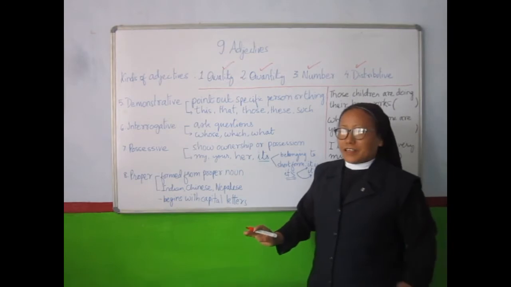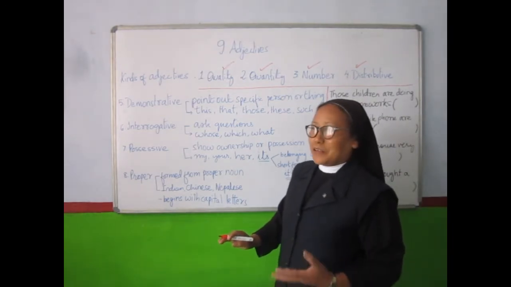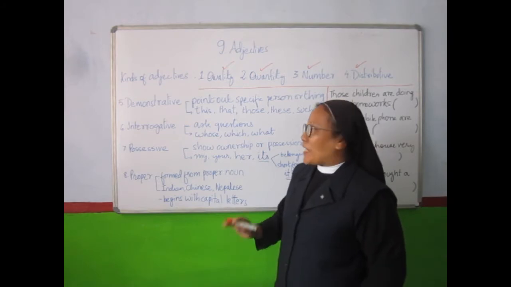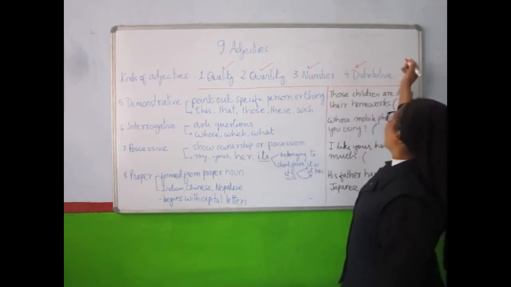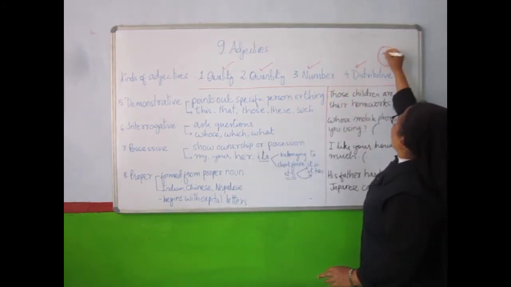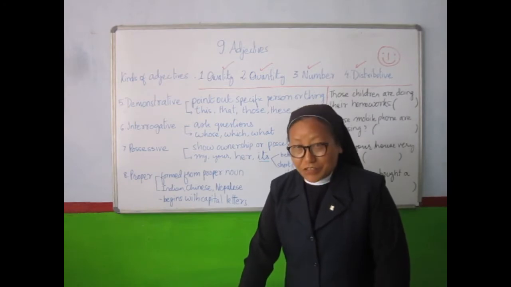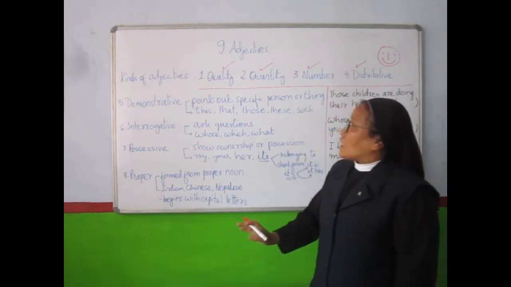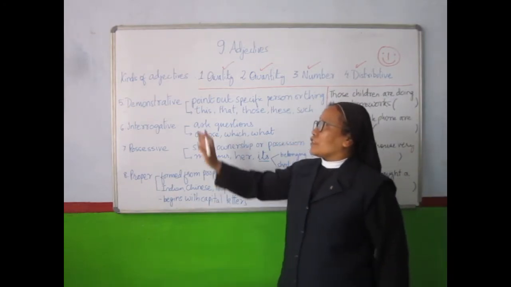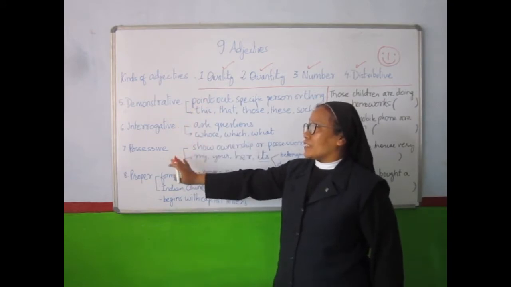You had your exercises done properly, and I'm really happy, so I give all of you a smiley for your good work. Today's class, I'll be continuing with 5, 6, 7, and 8.